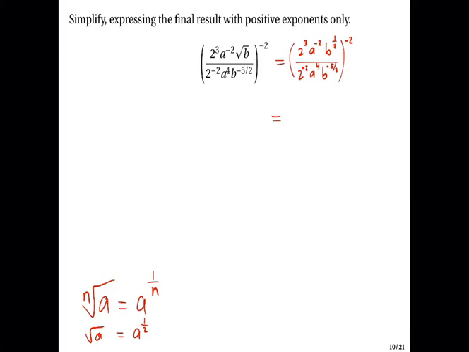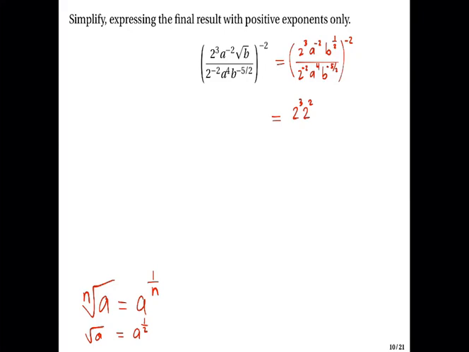So here we will have 2 to the 3. If we put this in the numerator, the minus 2 becomes positive 2, and therefore you will add that to the exponent here. If this is too fast, let us write it this way: 2 to the positive 2. So we brought 2 raised to negative 2 from the denominator to the numerator, and we changed the sign of the exponent.